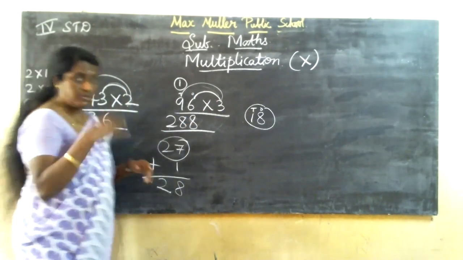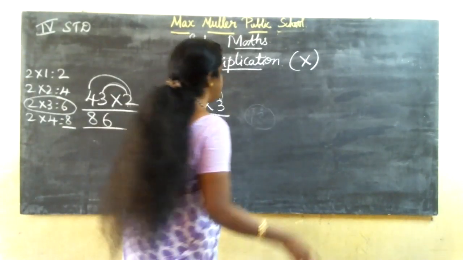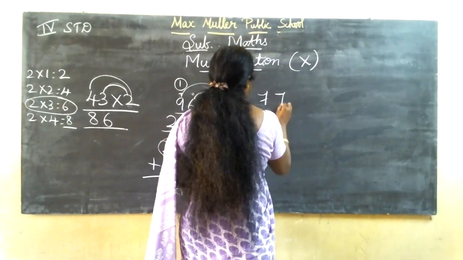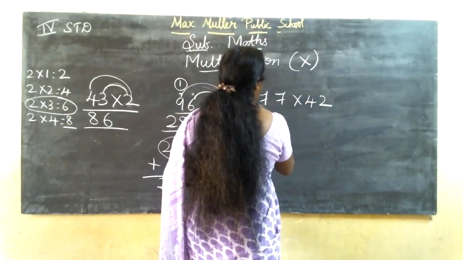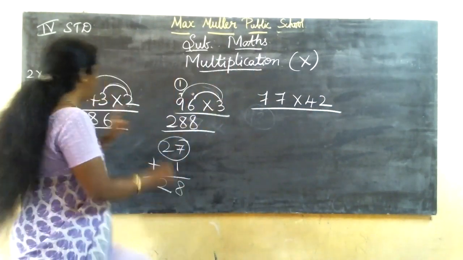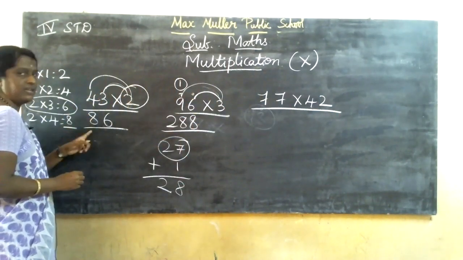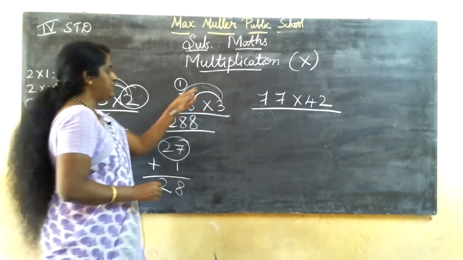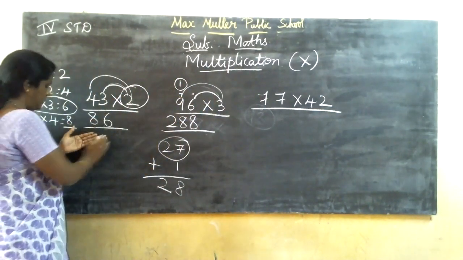Now I'll go for a two digit number. So we'll go for 4 ones. Okay, children? 4 ones, 2 ones. How will you write here? See here, the question is 2. So 2 threes are 6, 2 fours are 8, here direct answer.